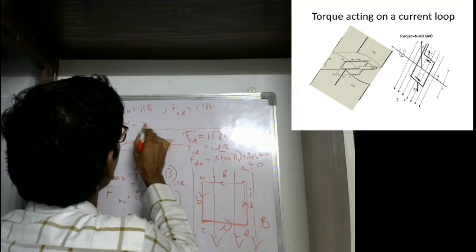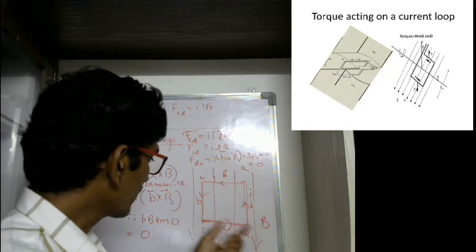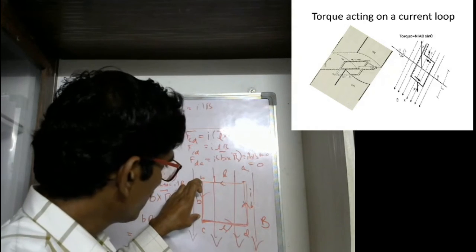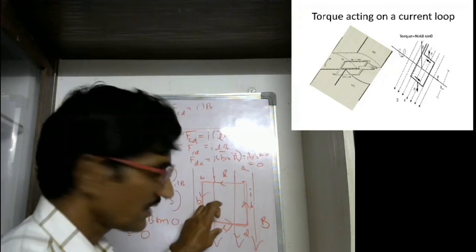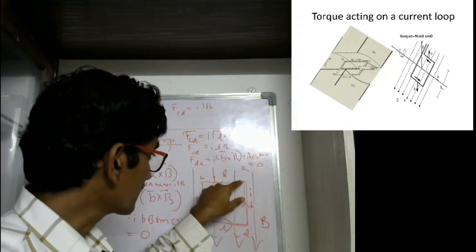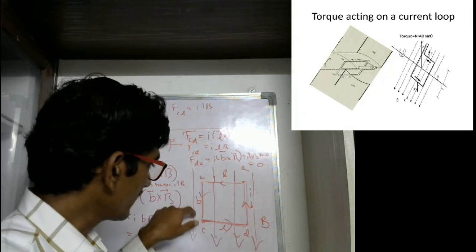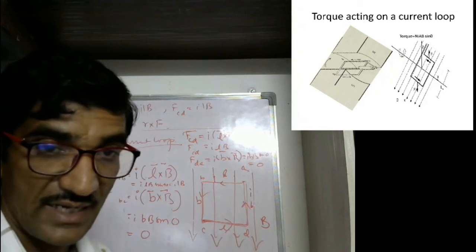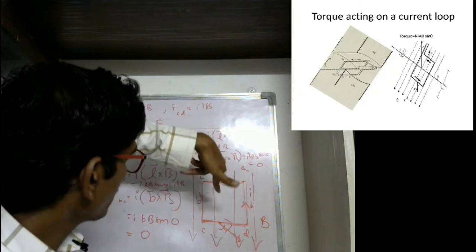Torque is equal to R cross F. What is the perpendicular distance here? On this side, non-zero force is acting, on this side, non-zero force is acting. But current direction is different. Here current is flowing in this direction, here current is flowing in this direction.